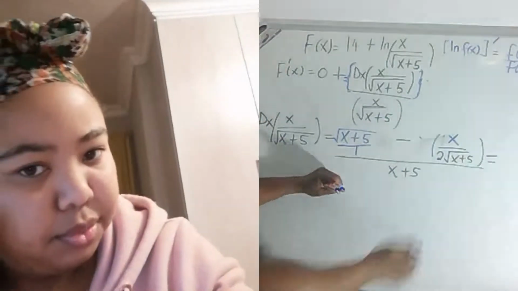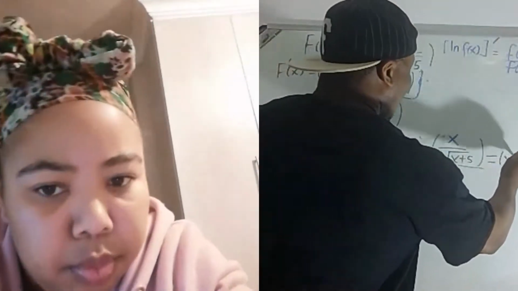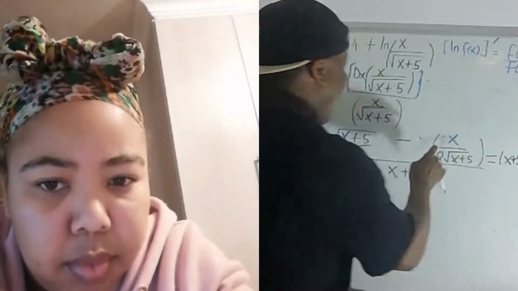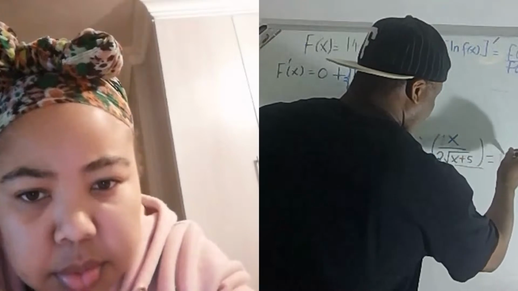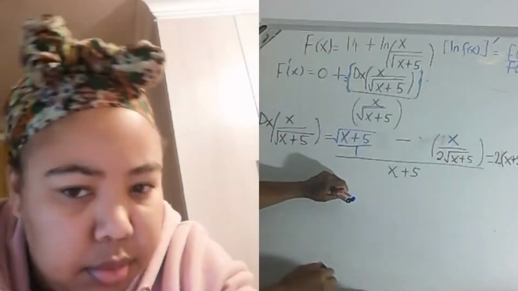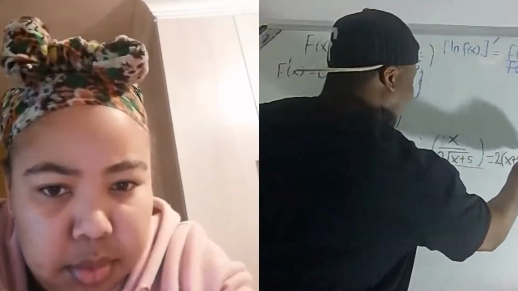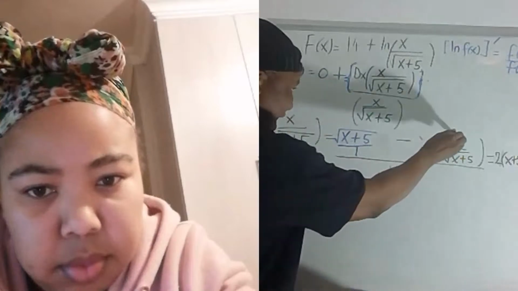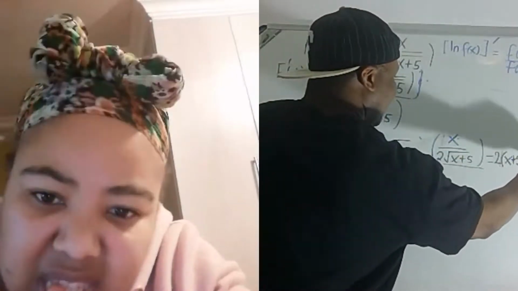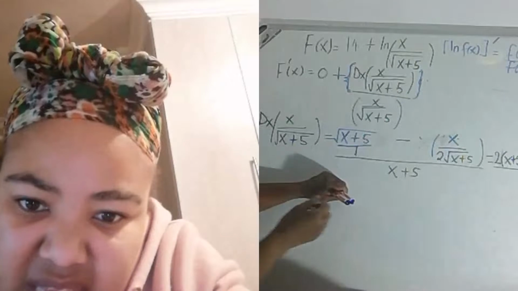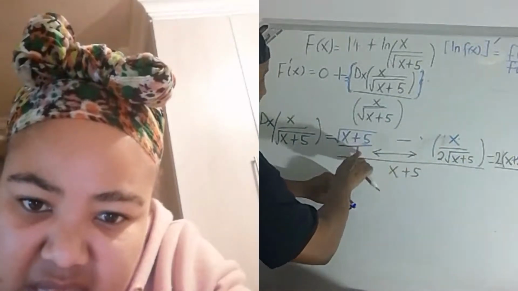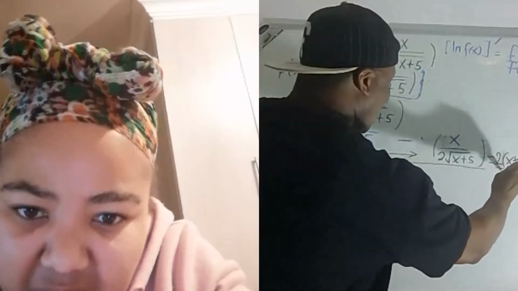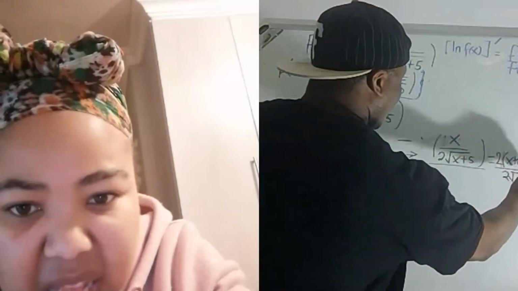So this gives us x plus 5, but there's a 2 here, so we write the 2 behind. Minus, and then 1 times x, over, you multiply this 2, 1 times this is going to give you 2 square root of x plus 5.